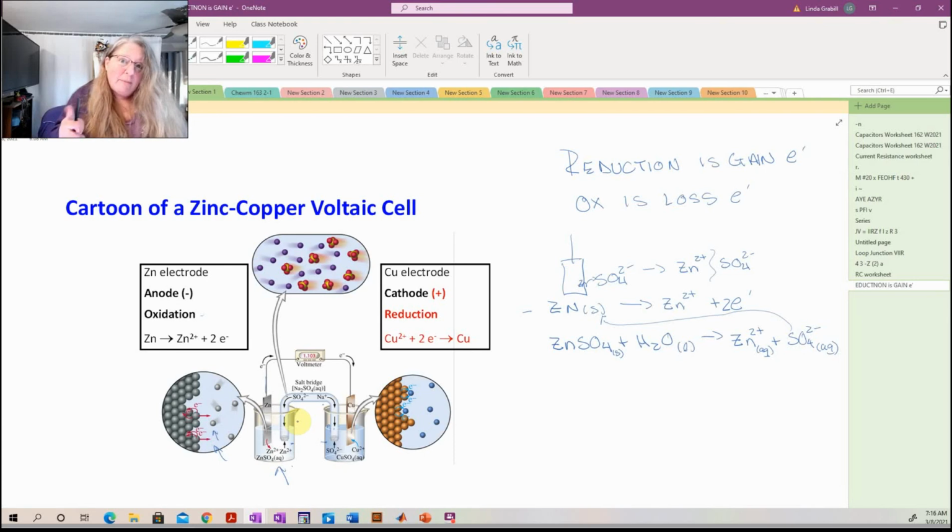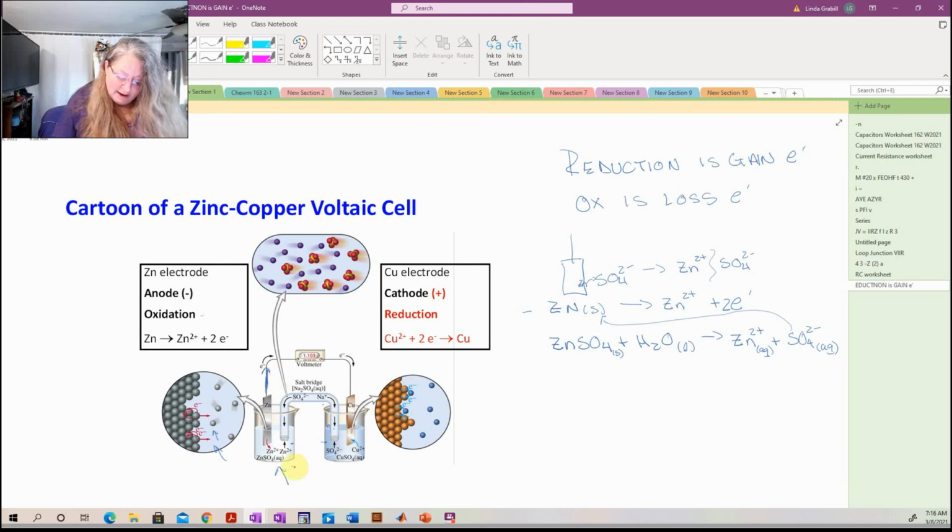So I have to have a couple of things happen here. I have to have a path. Here's my path for those electrons to take. As I'm building up the repulsion of all those little negative electrons inside my metal, they can flee. So I get a chain reaction of electrons in motion. I have to have that.